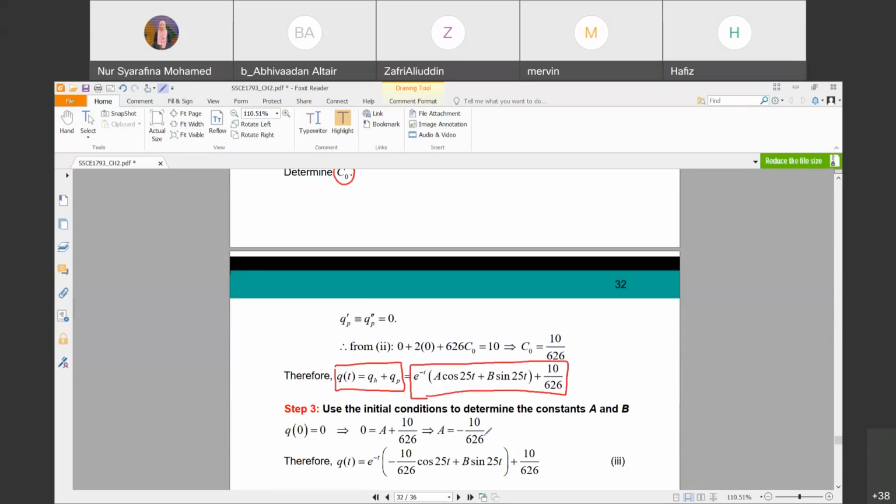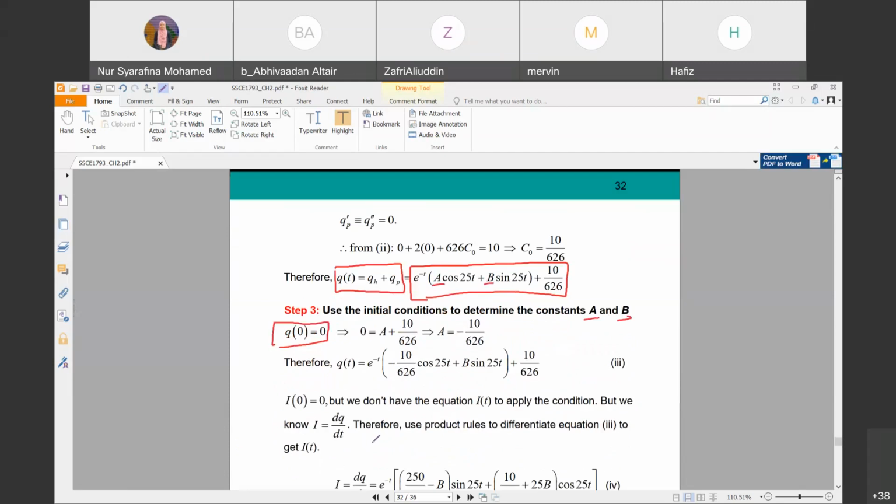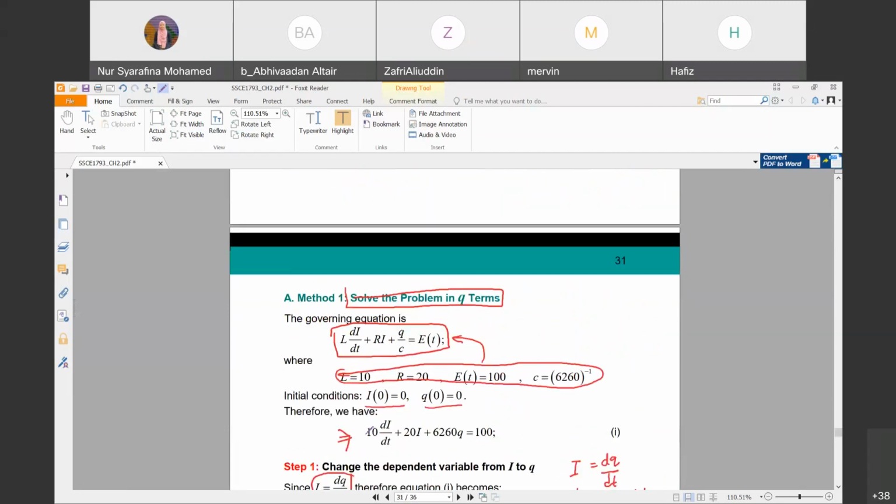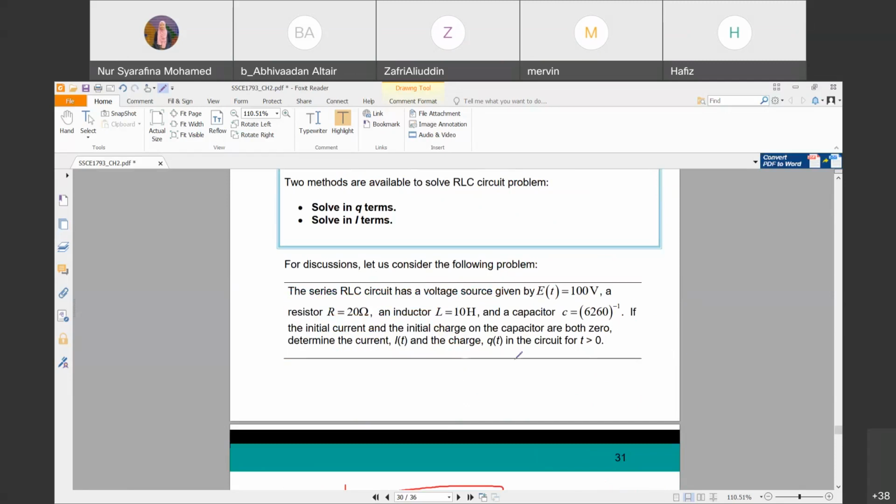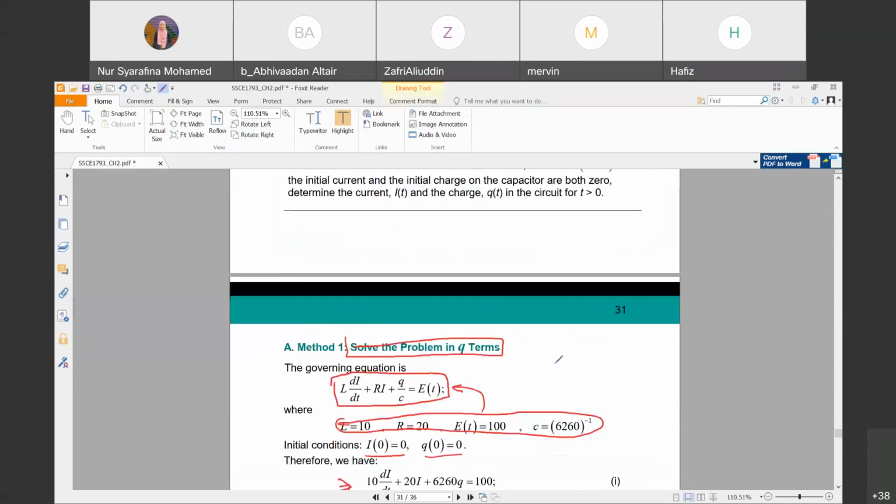Okay, then what? We have the constants and we have the conditions, so we can find the values of constants A and B here. Apply the condition, Q(0) equals 0. What is the other condition? The initial current and the initial charge on the capacitor are both 0.